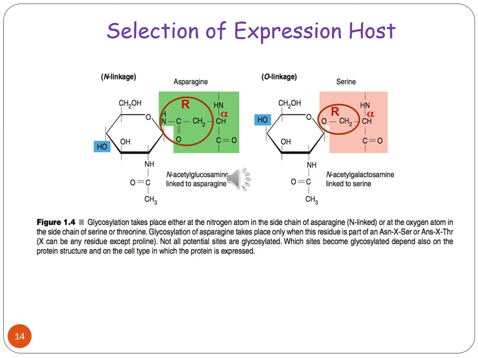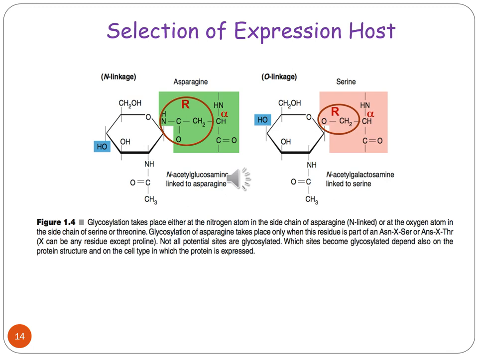On the other side, we also have serine. Serine is also another amino acid. It also has the C alpha, which is linked to the amino group from above, the carboxy group from below, and the hydrogen group from the right side. And from the left side, it has the R chain, or the side chain.